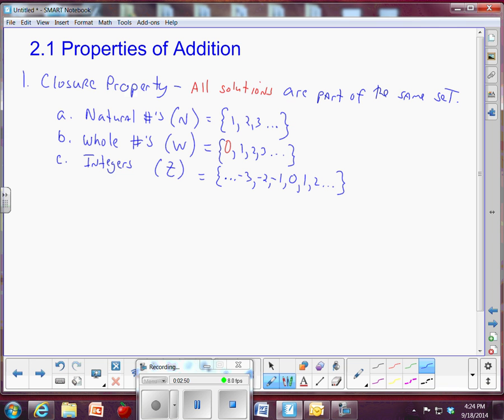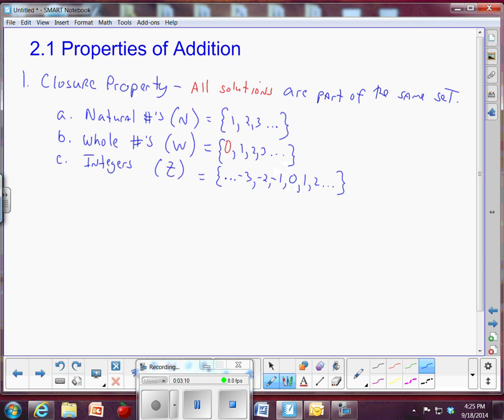So notice now we have taken the whole numbers 0, 1, 2, 3, and up, and we've added to them all of the negative whole numbers. Those two together become the set called the integers.